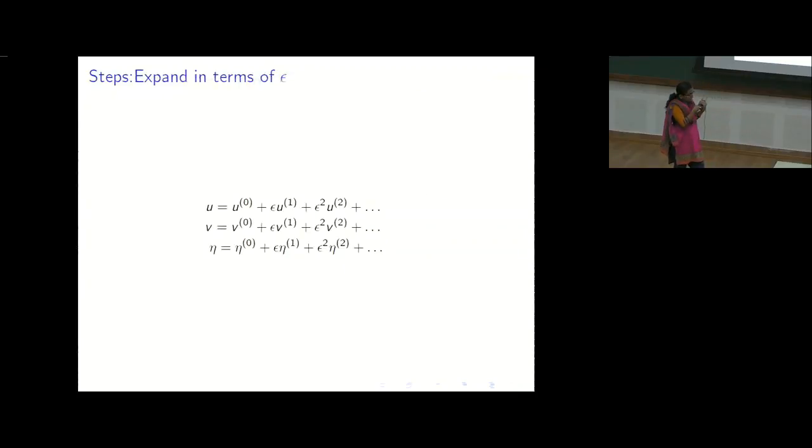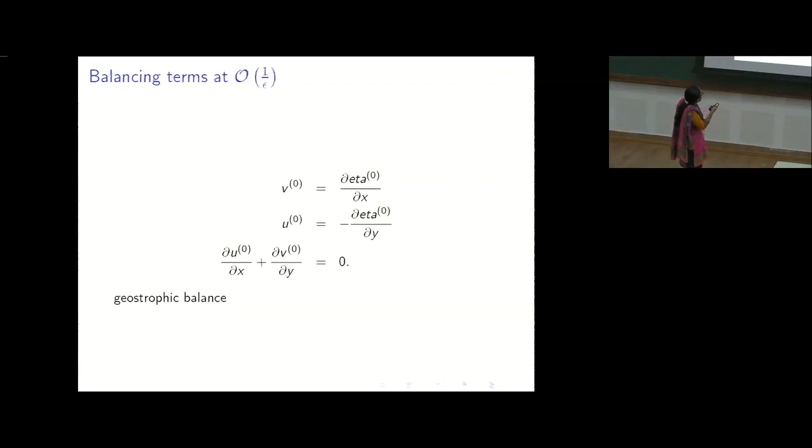Now we can expand each of our variables in terms of epsilon, put it back in the equation and compare the terms. The lowest order of epsilon in our equation turns out to be 1 by epsilon. Sorry for the typo.